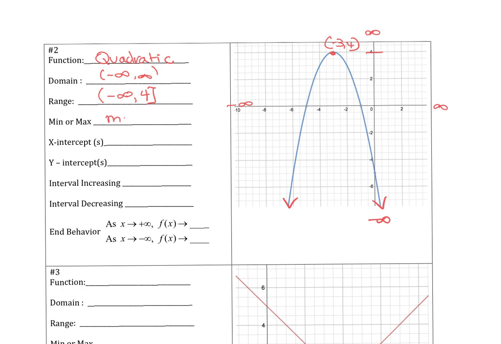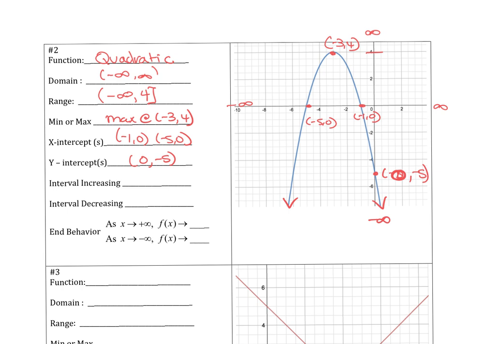In this case, I have a max at (-3, 4). My x-intercepts on this one look like (-1, 0) and (-5, 0). My y-intercept is down here at (0, -5).